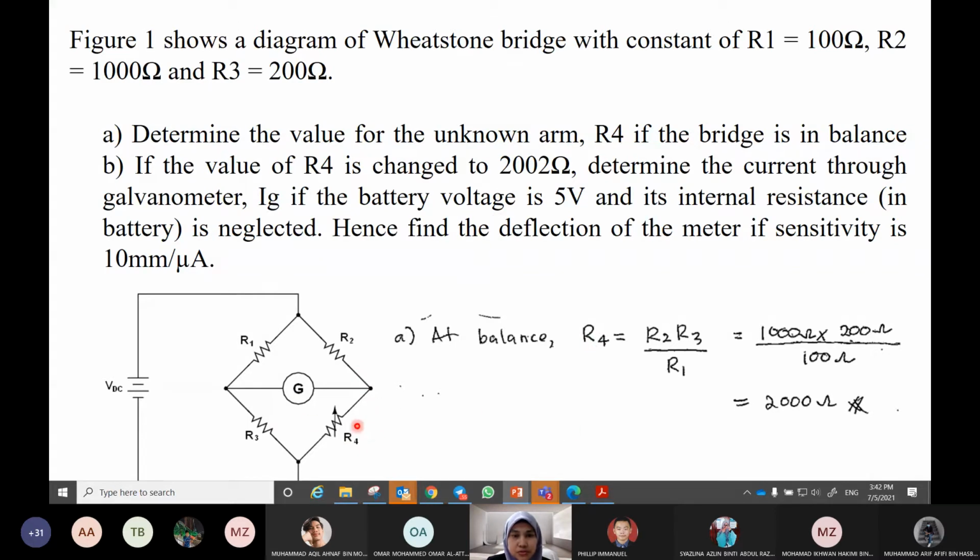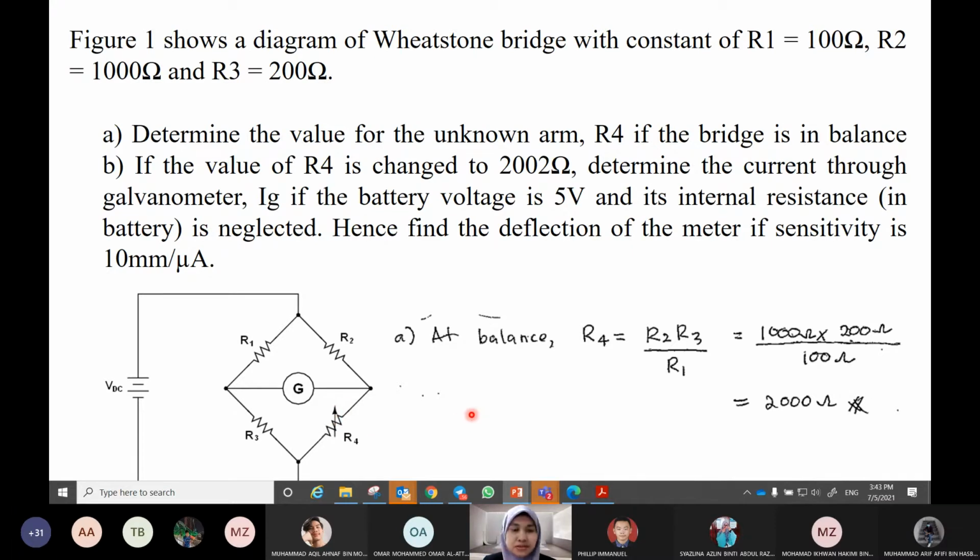So R4 that we want to find is equal to R2 R3 divided by R1. We substitute the values: R2 is equal to 1000, R3 is equal to 200, and R1 is equal to 100. And we will get 2000 ohm. So 2000 ohm is R4.